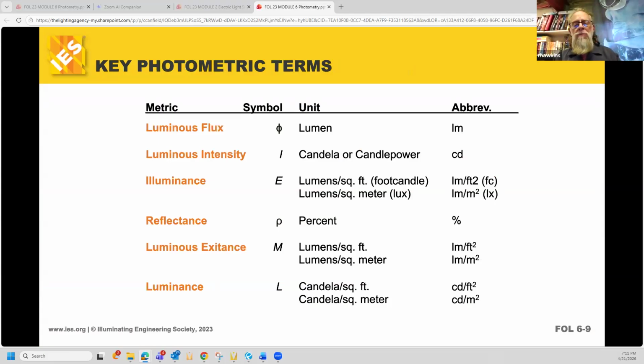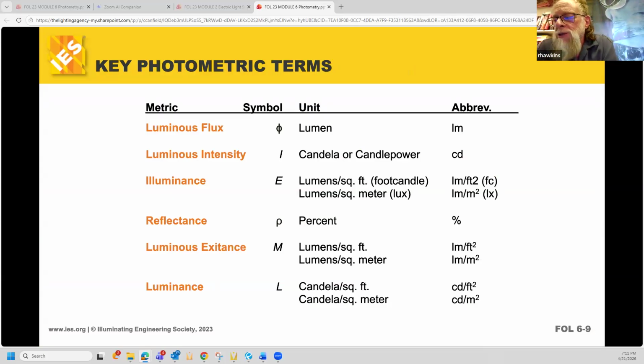There they are. If nothing else, take a screenshot of that and keep it at your work table, so that if you ever have to interpret back and forth between things that you're reading in photometric reports or information that people are giving you about products, you understand their relationships, right?